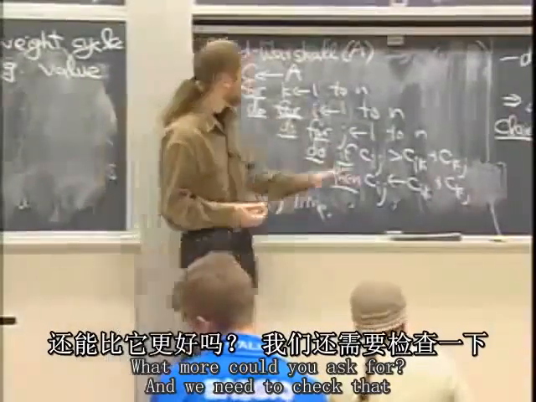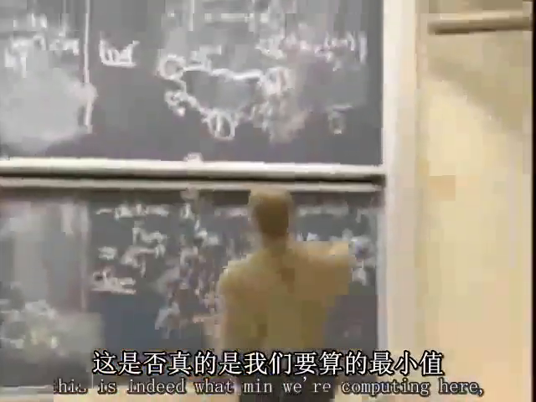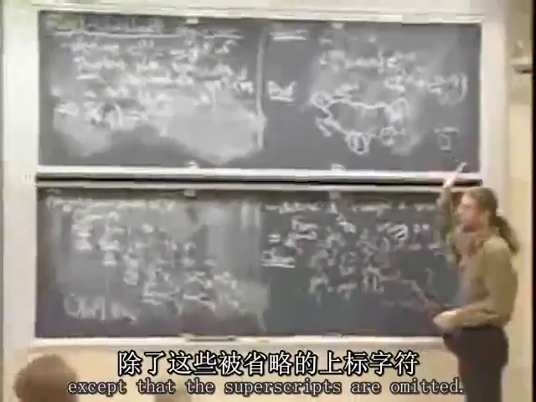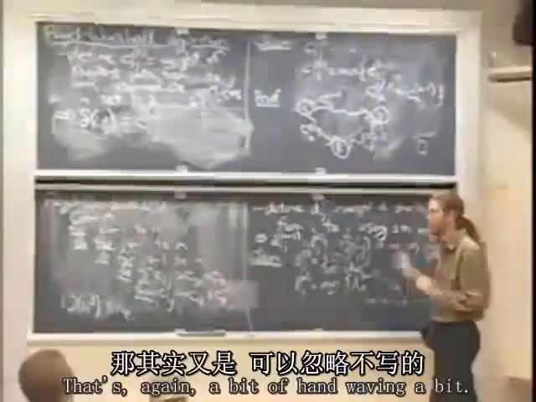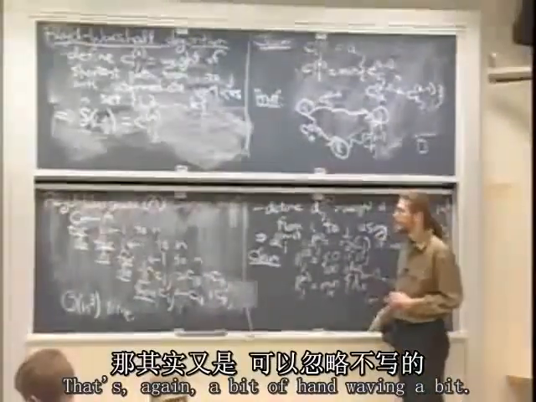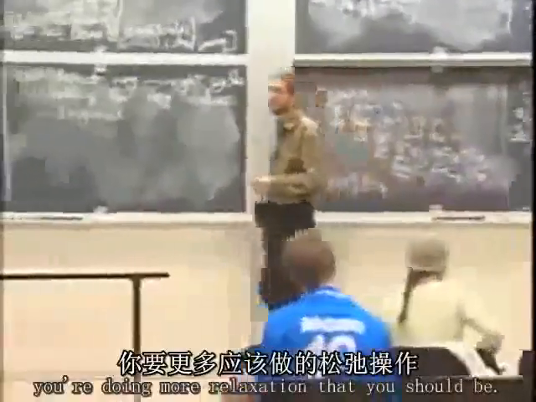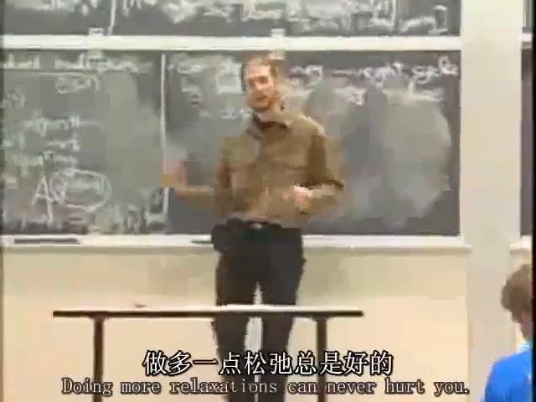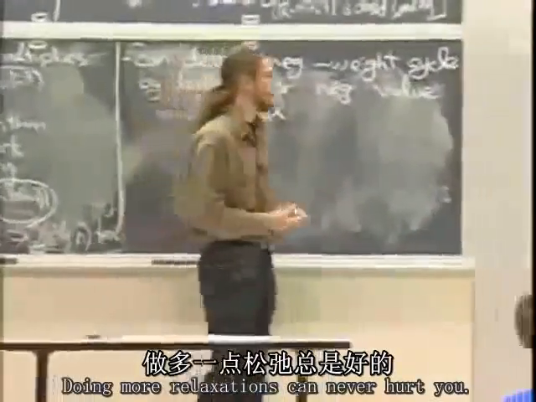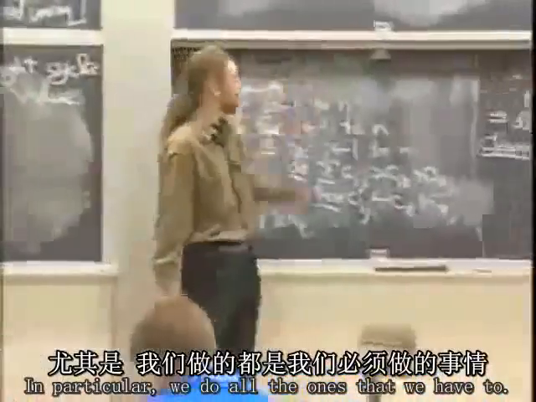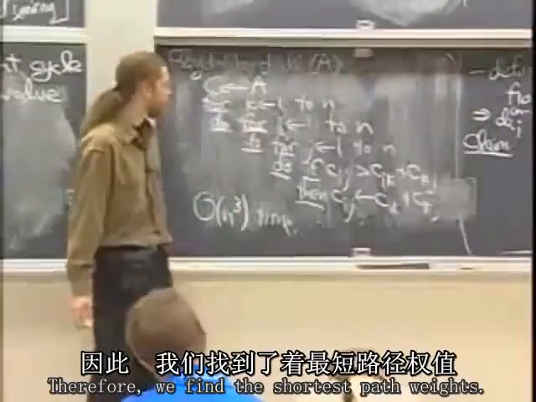I mean, you check that this is indeed the min we're computing here, except that the superscripts are omitted. That's, again, a bit of hand-waving. It's OK to omit superscripts because that can only mean that you're doing more relaxations than you should be. Doing more relaxations can never hurt you. In particular, we do all the ones that we have to. Therefore, we find the shortest path weights.